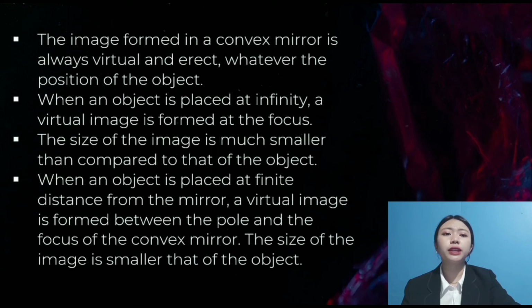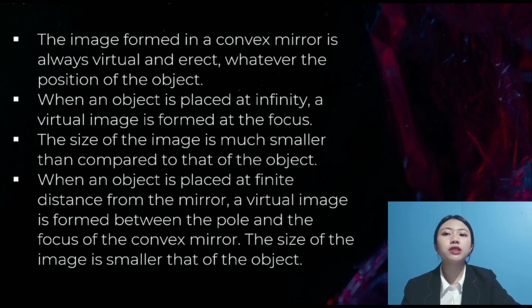So these are some key points that you need to remember about the convex mirror. The image formed in the convex mirror is always virtual and erect, whatever the position of the object, unlike the concave mirror where the position of the object is very important. When the object is placed at infinity, a virtual image is formed at the focus.